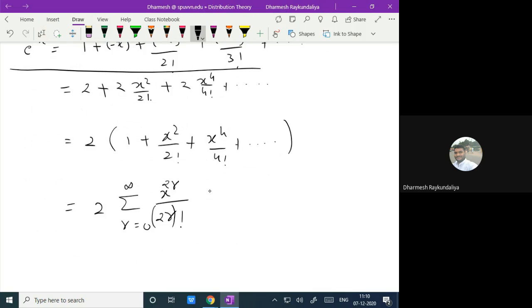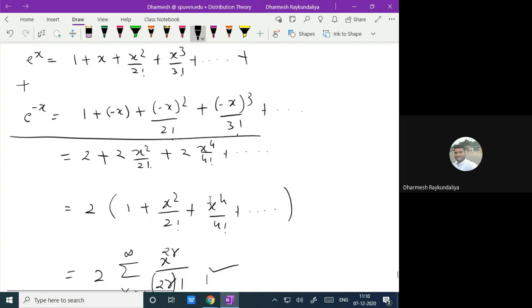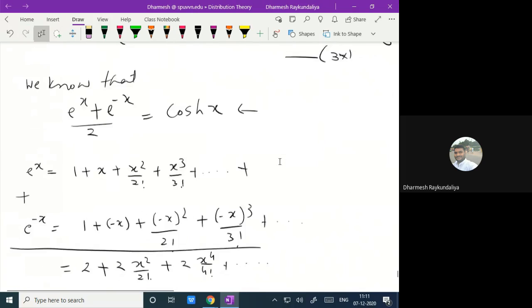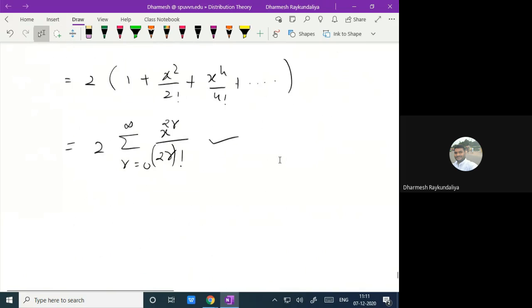For r equal to 1, it is x raised to 2 divided by 2 factorial, for r equal to 2, it is x raised to 4 by 4 factorial, so I can write this. So what I have, x is root y mu upon sigma, so I can write it as twice the summation of (root y mu by sigma) whole raised to 2r divided by 2r factorial.